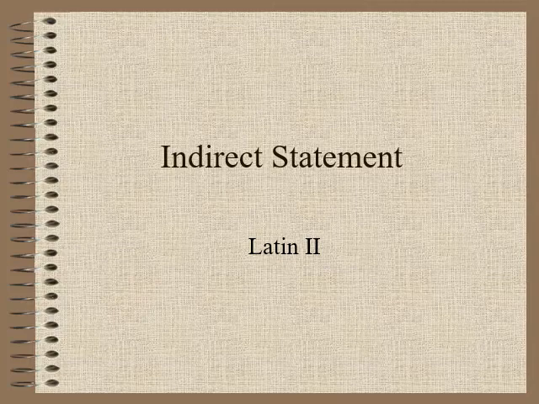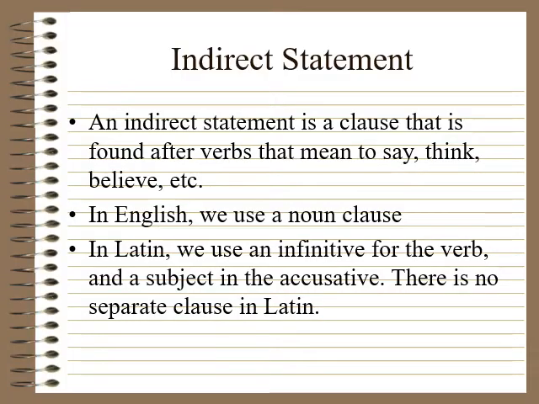But today we're talking about indirect statement. We're going to use those infinitives that we learned on Tuesday to make the indirect statement. So what is an indirect statement? An indirect statement is a clause that is used after verbs of meaning, like to say, to think, to hear, to believe, or any aspect of that.